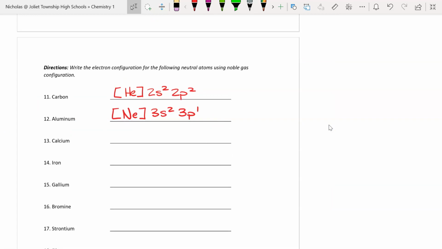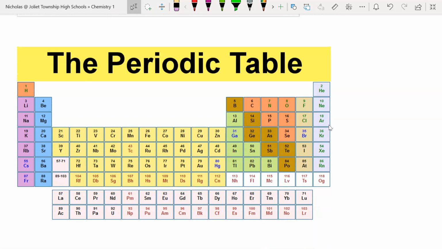Okay, calcium. Calcium is number 20 on the periodic table, right here. So I'm going to go backwards. So 20, 19, and then 18. Argon is where we're going to start. So counting from argon, we're going to pick up the chain where it left off.